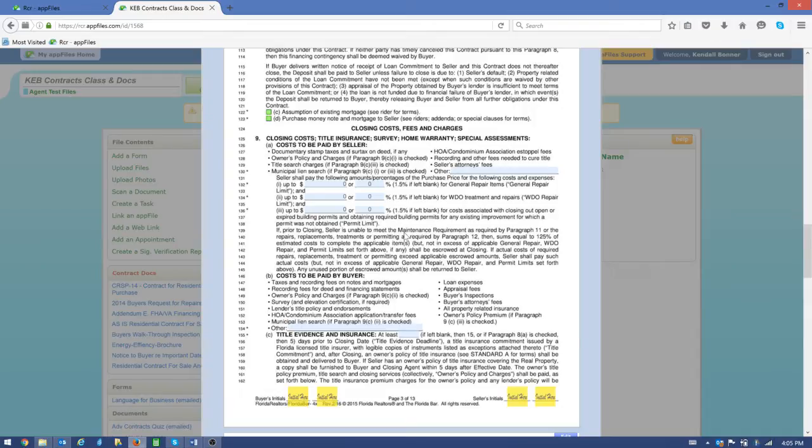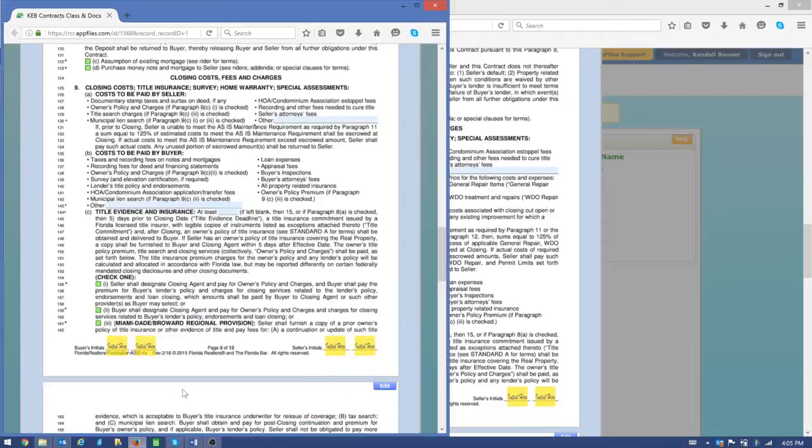Even on a short sale, guys, even on an as-is contract, it's the same in both contracts. The seller has an obligation to keep the house in the condition it was in at the time the buyer and the seller agreed to sell and purchase. Okay? Now, what is different is in this paragraph here. So let's go back to the as-is one, because I just want to show you that.